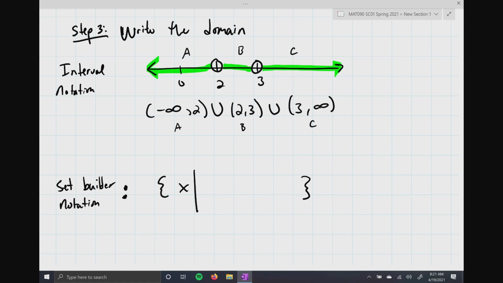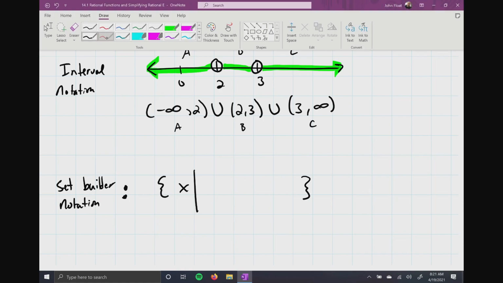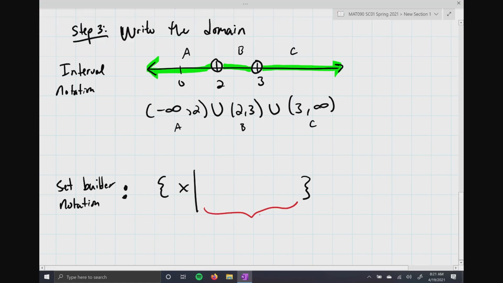I'll tell you what that means in a second. Then leave a big space and end the squiggly brace. What goes inside of this big space is going to be the contradictions.